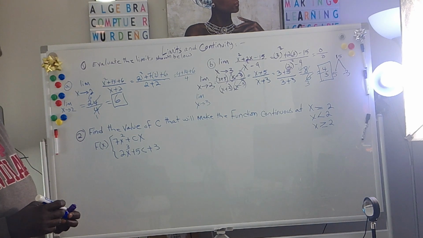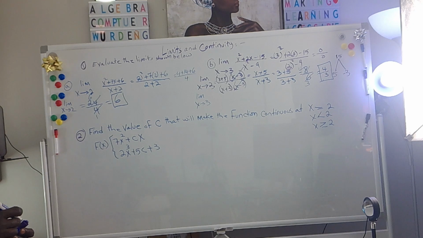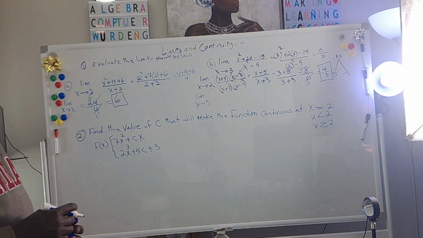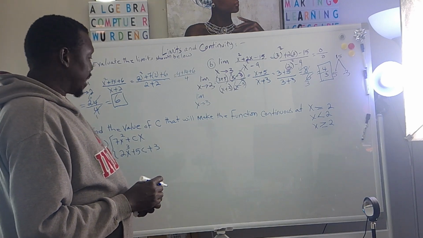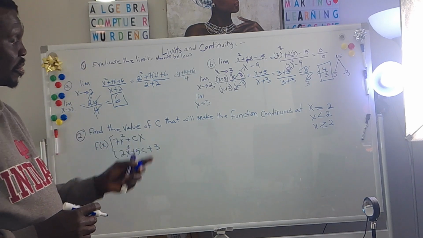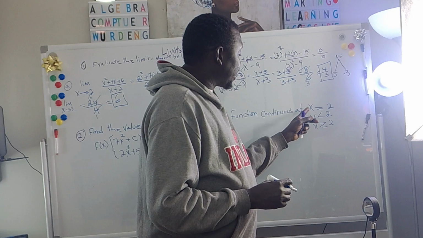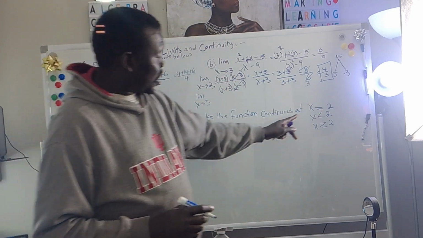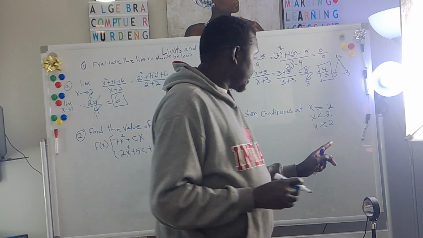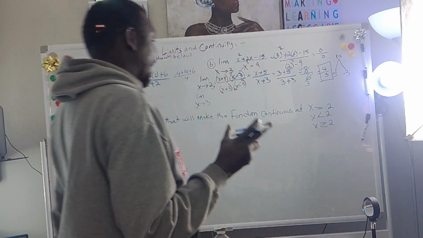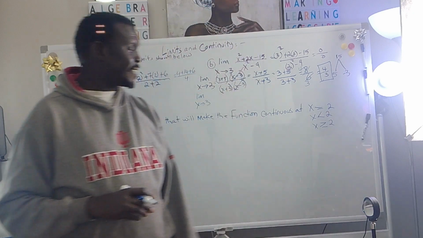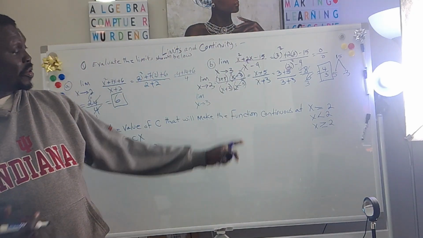Number 2: find the value of C that will make the function continuous at x equals 2. For x greater than 2, and x less than or equal to 2.